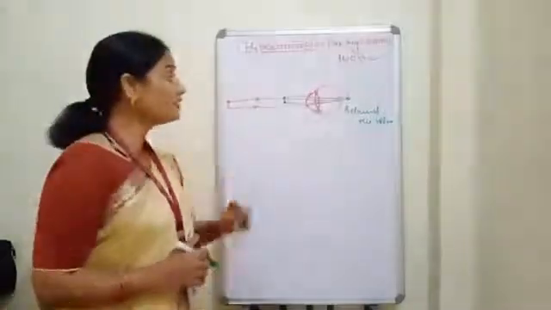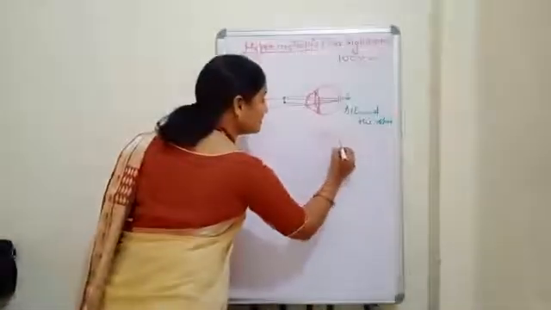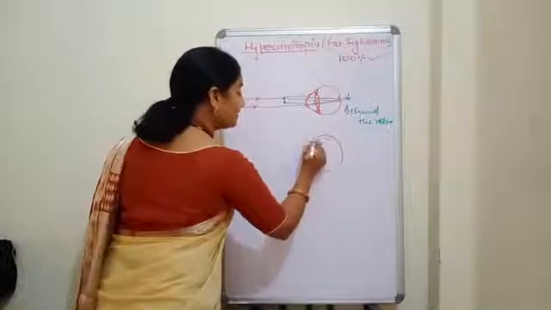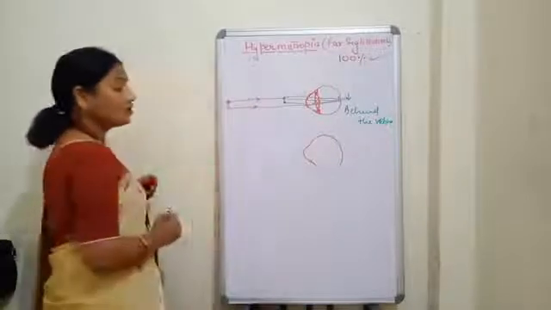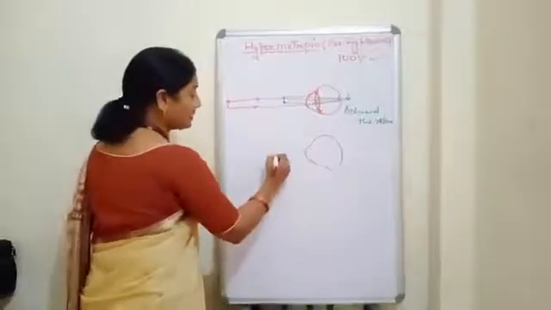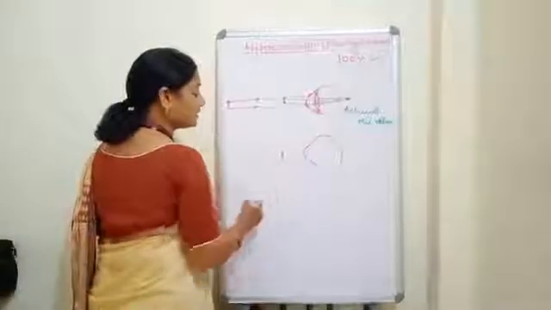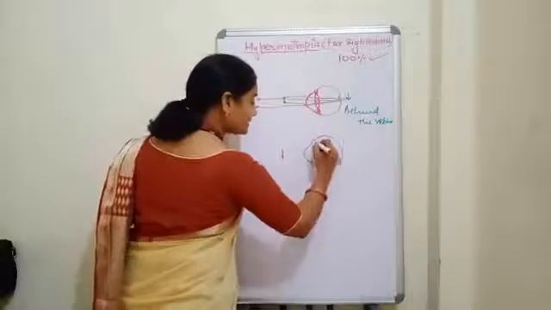Clear? Now how does it happen? Point number one. Suppose this is my eye, once again, with the cornea. The object is kept somewhere here, and this is my lens.